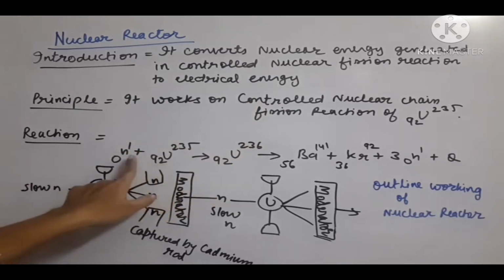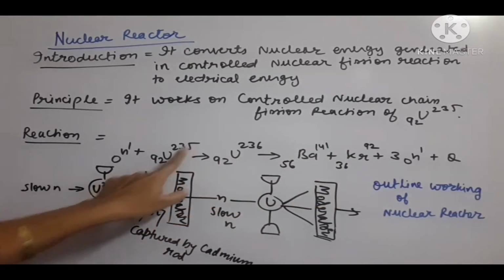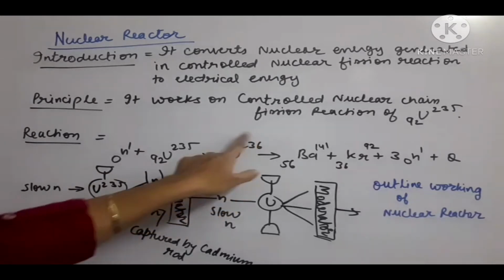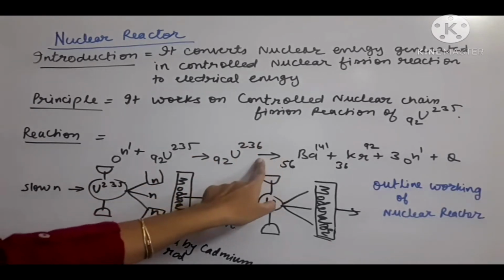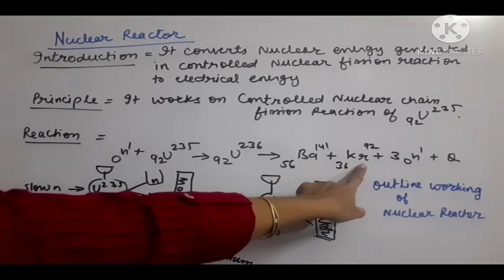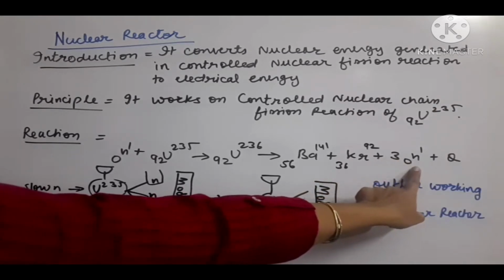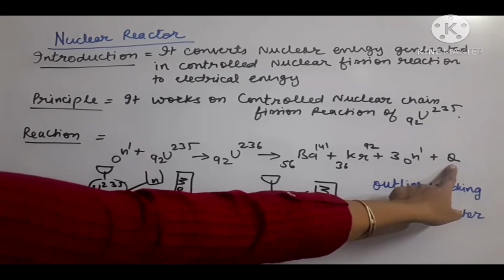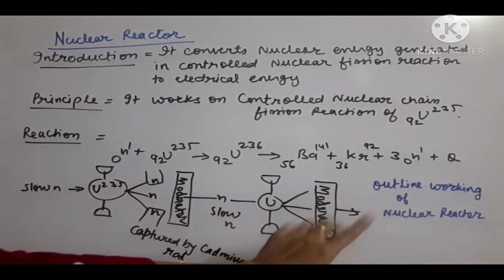You can see this reaction we have already studied: uranium-235, when bombarded with a slow neutron, gets converted into the isotope uranium-236, and then this uranium splits into two products. The most possible products are barium and krypton, and three fast neutrons are generated with a large amount of energy. Energy of 200 mega electron volt is generated per fission.